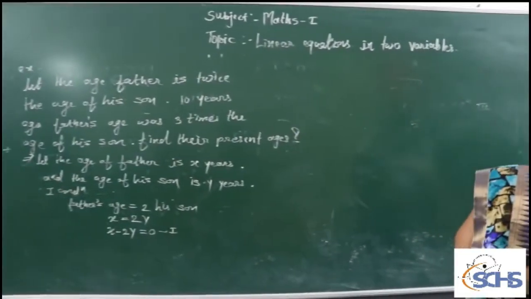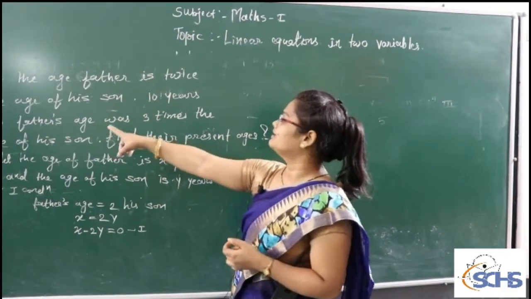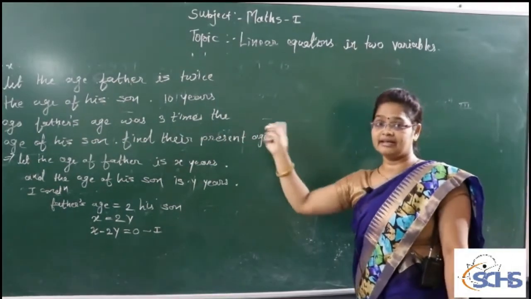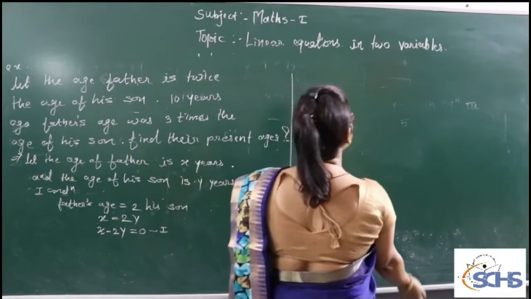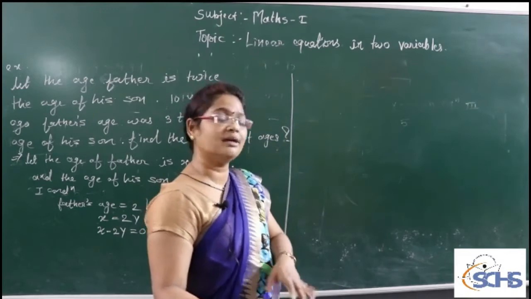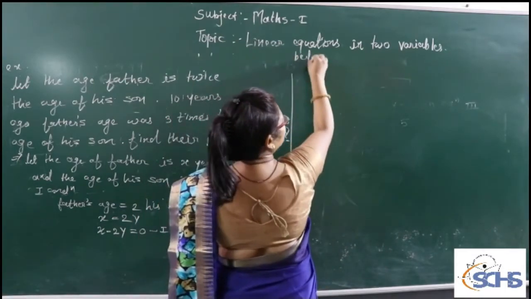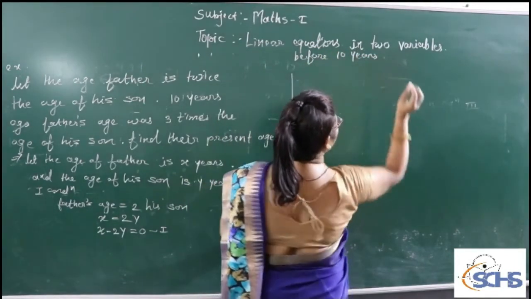Now see the second condition. Second condition we have given is 10 years ago father's age was 3 times the age of his son. 10 years ago. It is talking about the 10 years ago. So first we have to find out the ages of both of them 10 years ago. So before 10 years we will find first their ages.